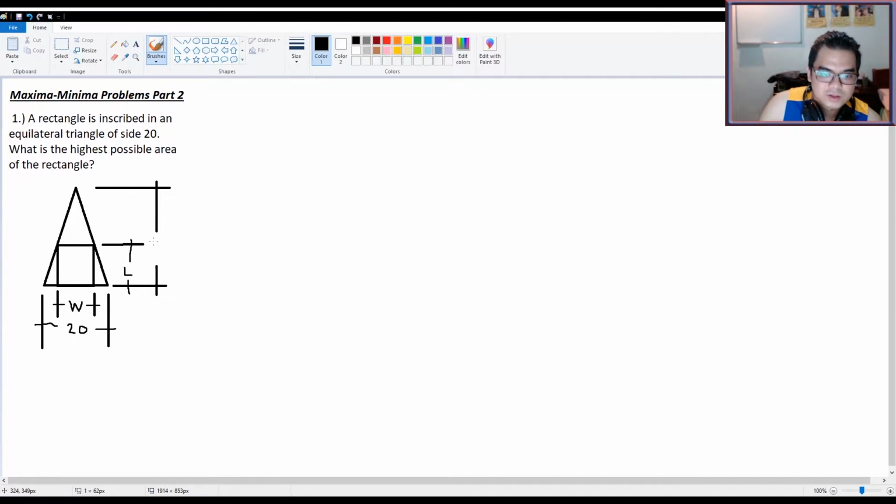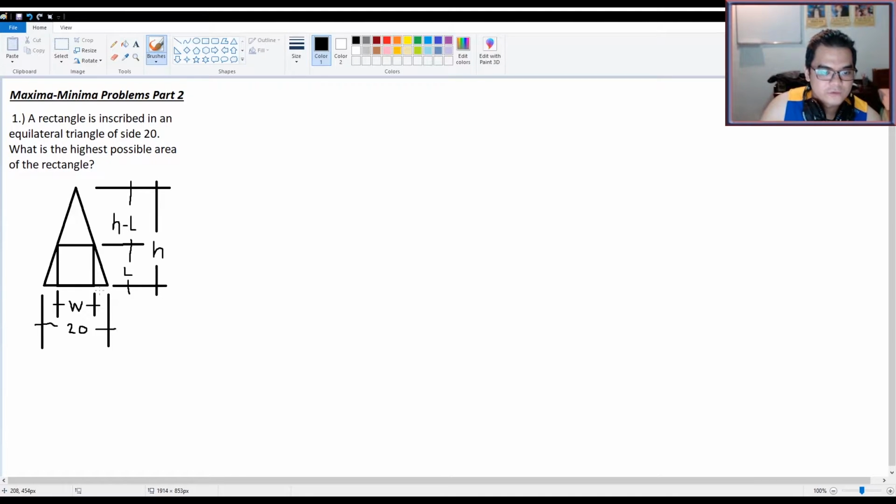Let's say this is h, small h. If this is h, and this is your length, then this part will be h minus l, since the whole thing from here to here is h and this is l.